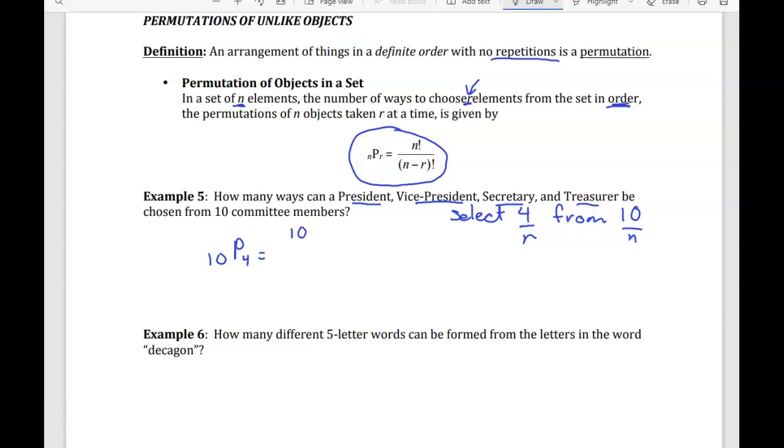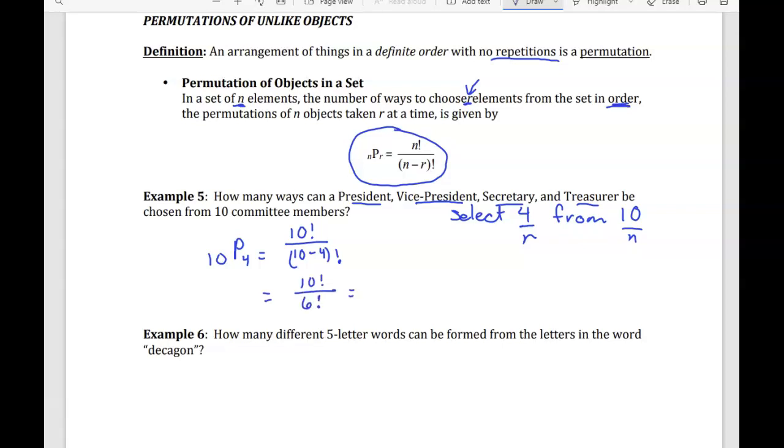So we're going to have 10 factorial divided by (10 minus 4) factorial. So that's going to be 10 factorial divided by 6 factorial.